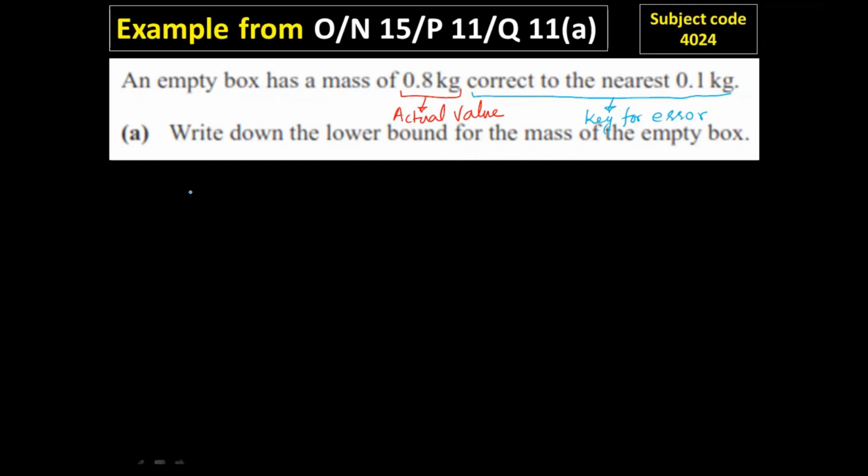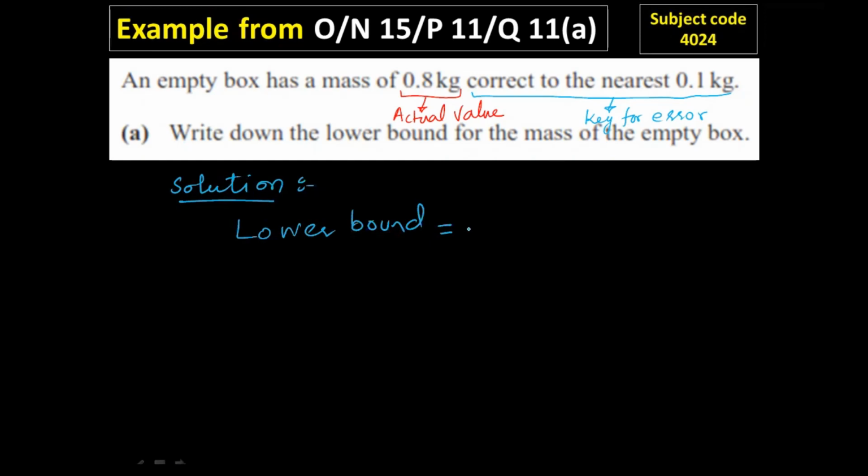Now I'm going to find the lower bound for the mass of the empty box. Solution. The lower bound of the mass of the empty box. It is a direct approach. Recall the formula which I discussed in lesson number 1.